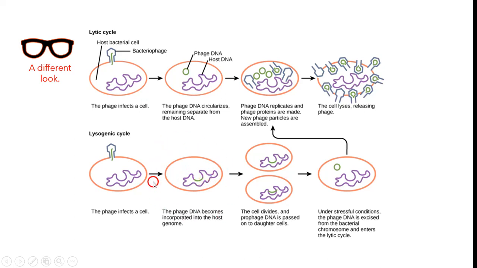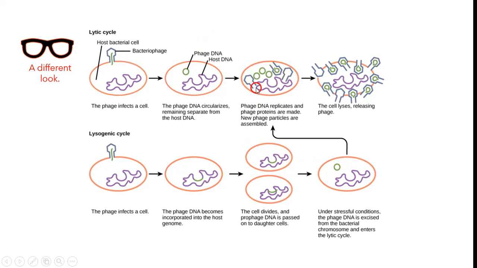If it goes into the lysogenic phase, notice every time the bacteria replicates, it's going to make that viral DNA incorporated into its DNA, and it's just going to keep making it. Ultimately, under stressful conditions, the DNA from the virus in the lysogenic bacteria is going to pop out and force it up here into the lytic active stage.